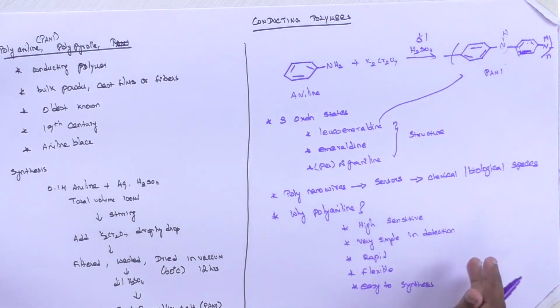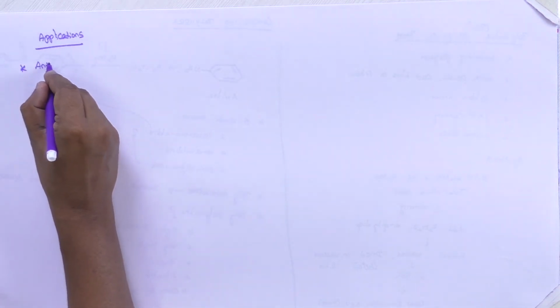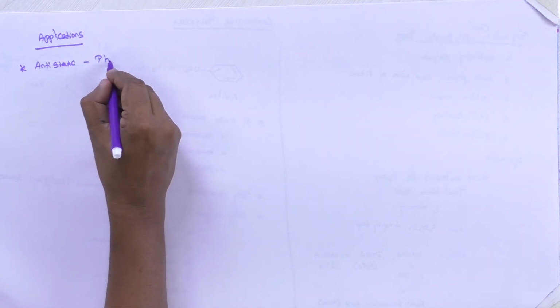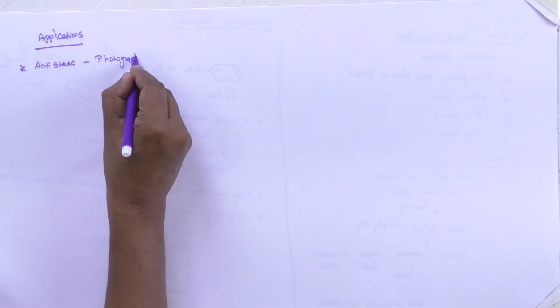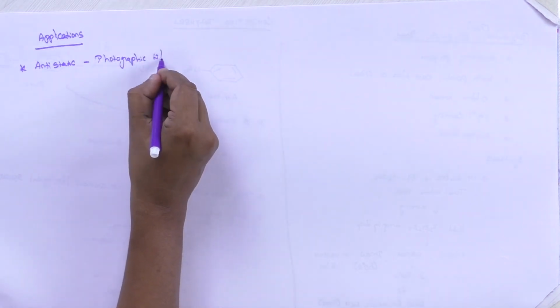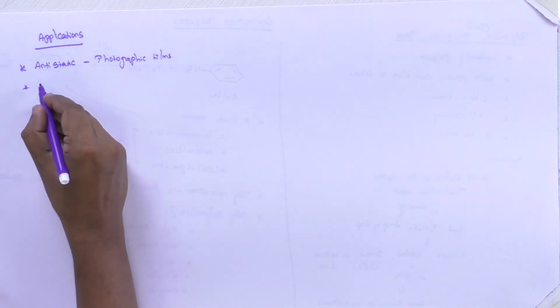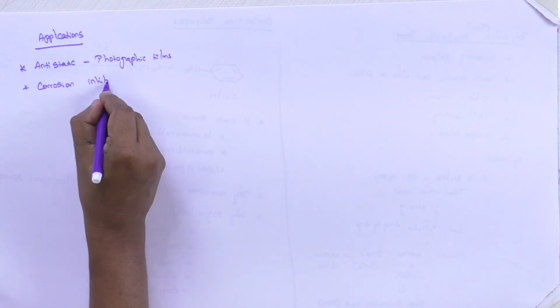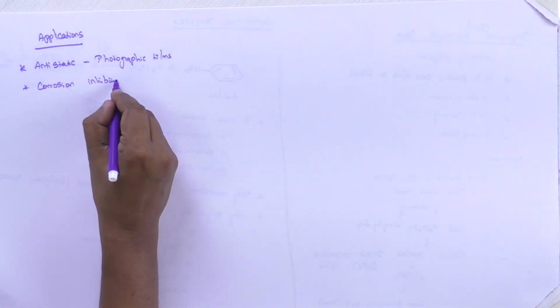Not only polyaniline, all the conducting polymers have many applications. The first application is anti-static substances in photographic films, and corrosion inhibitors, compact capacitors.